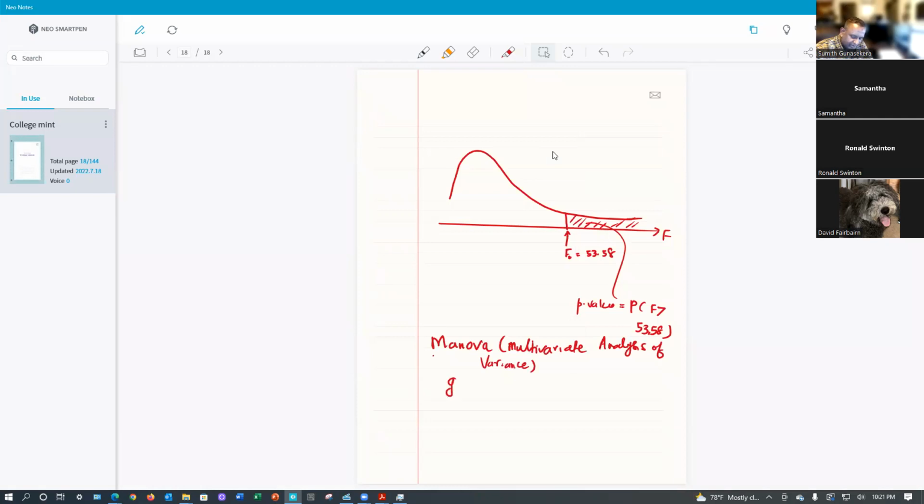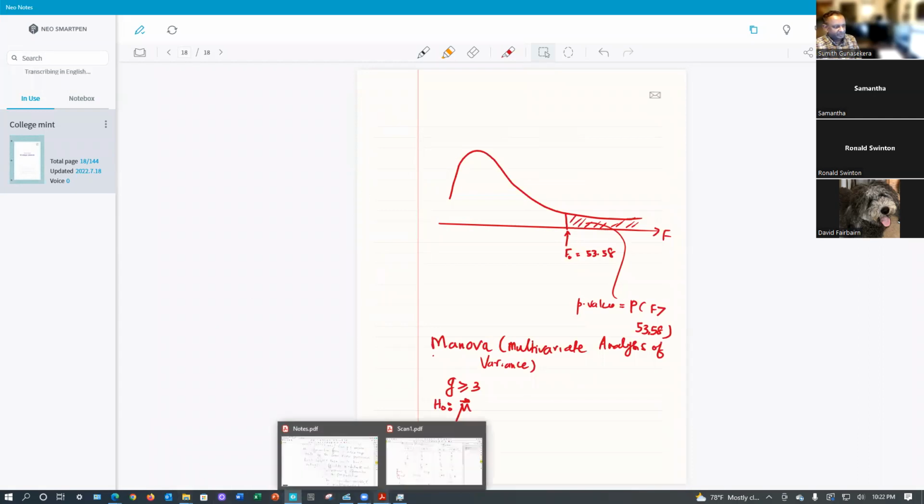Those will have what? 3 groups, or more than 3. So here, our H naught should be what? Vector mu. Each one has how many? Two groups. Can you remember?